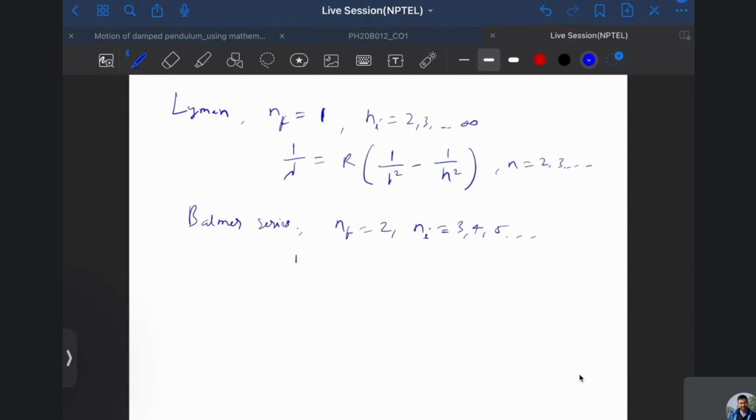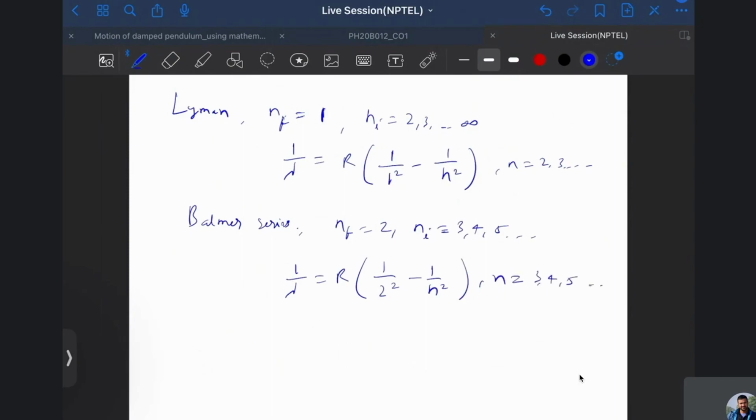Okay. So for this, the formula is 1 by lambda equals R times 1 by 2 square minus 1 by n square, where n is 3, 4, 5.